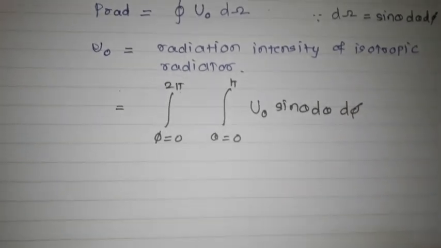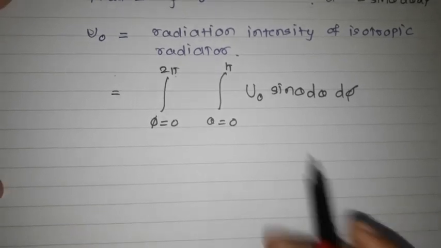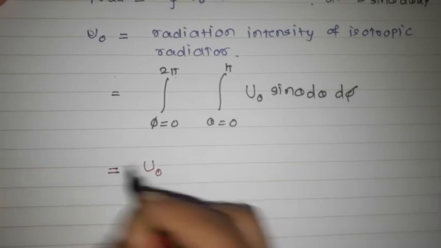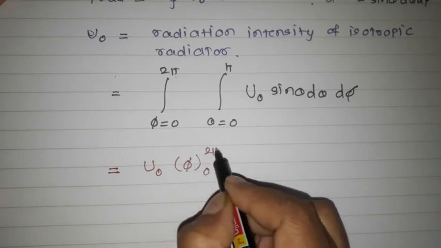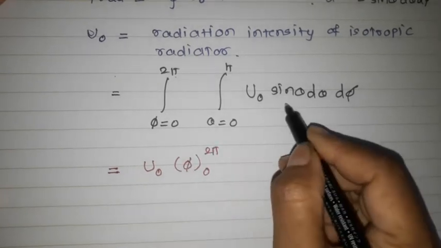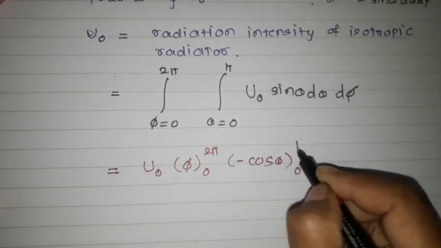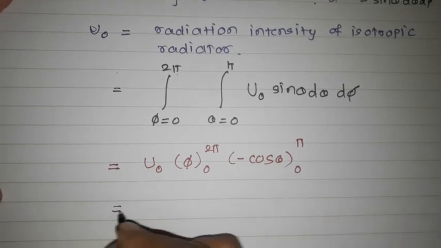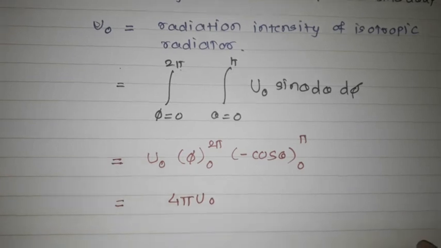Now let us find the integrations for each term. U0 is constant, phi varies from 0 to 2 pi, and the integral of sine theta is minus cos theta, varying from 0 to pi. If I calculate all these, I get 4 pi U0. So I have calculated the radiated power.